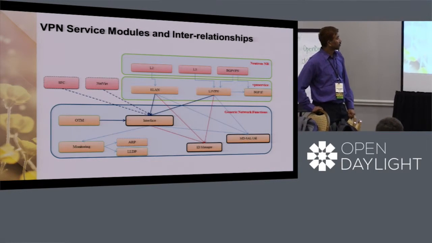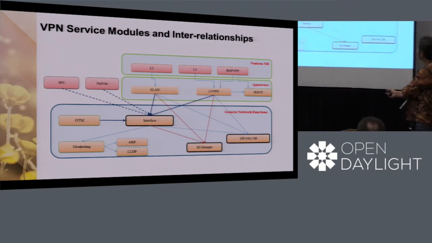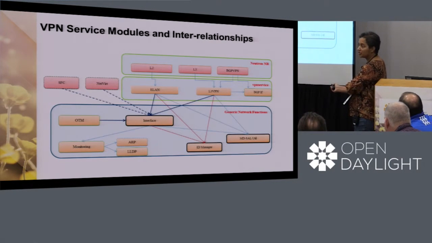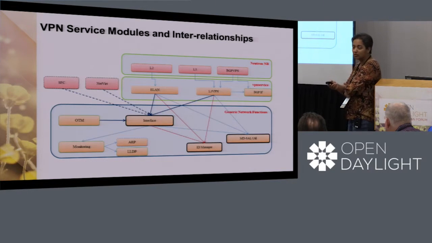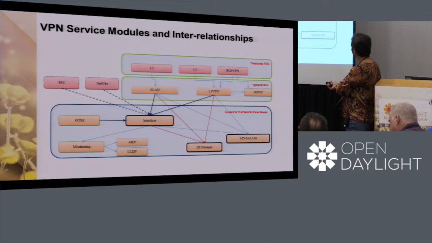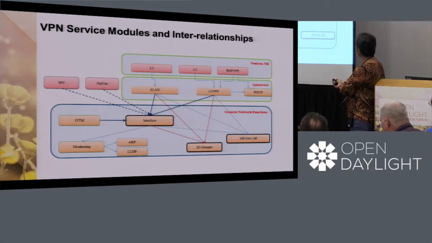So today all these components are part of the VPN service, and our proposal is to move some of these underlying components into a generic network functions utility so that they can be shared across all the various projects. This interface is a central entity: whenever these applications want to do anything with the underlying infrastructure, they register and bind themselves to it.